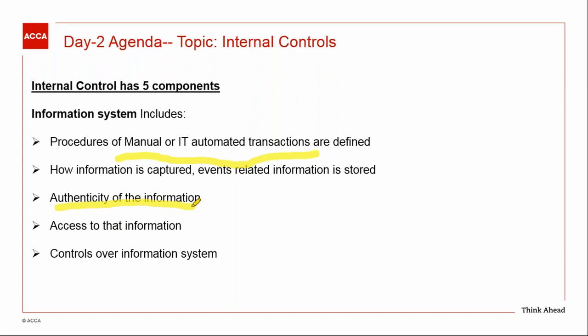If the information system is safe and has proper policies and procedures, then the organization's internal control will be strong.